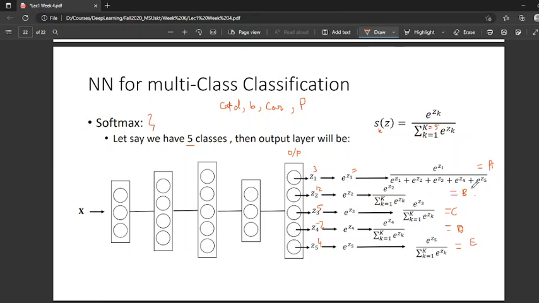Since b is the largest value, the neural network will say that the input x is classified as the second class, which is here dog. So in this way, softmax performs multi-class classification.